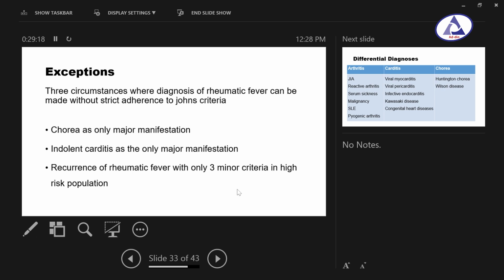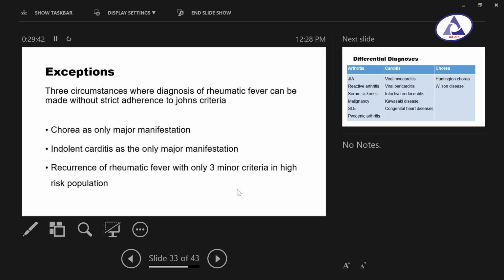There are some exceptions in the criteria other than the Jones criteria, the modified Jones criteria. We already told you that chorea is the only major manifestation which, as a single manifestation, is enough for the diagnosis of acute rheumatic fever.